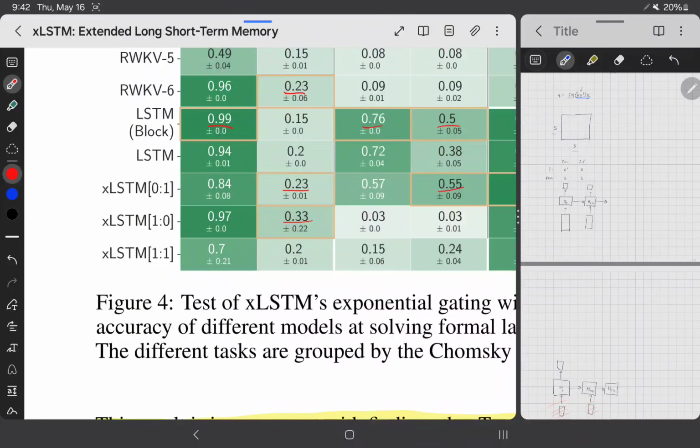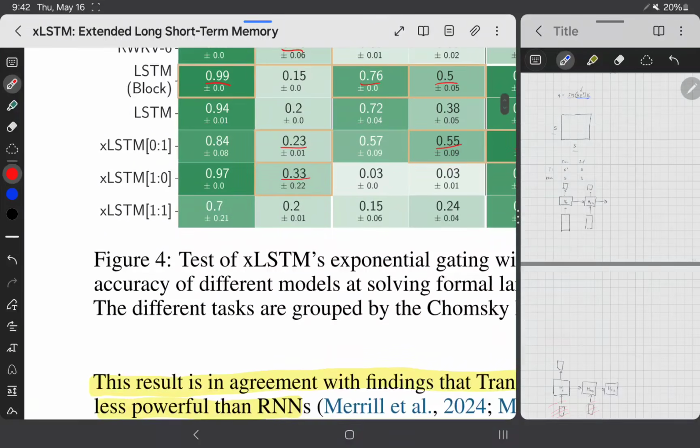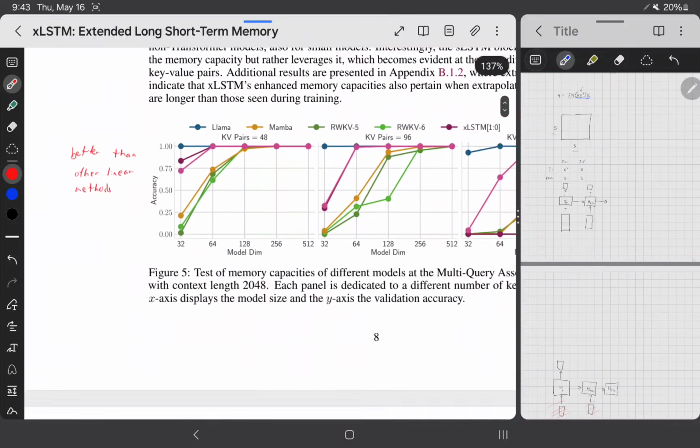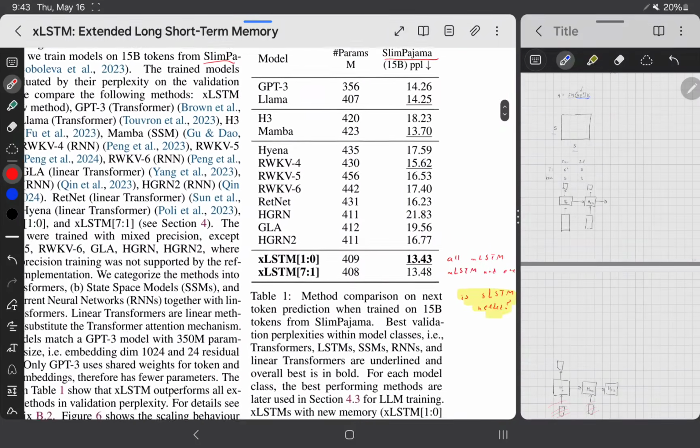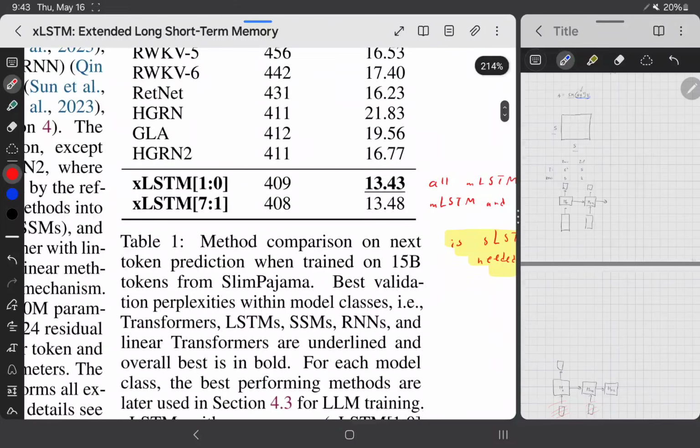So 0, 1 is saying you have no mLSTM layers and you have one sLSTM layer for every layer. This is saying you have one mLSTM layer and 0 sLSTM layers, and this is saying for every mLSTM layer you have one sLSTM layer. If we go down to here, they do stuff like we have 7 mLSTM layers versus one sLSTM layer.